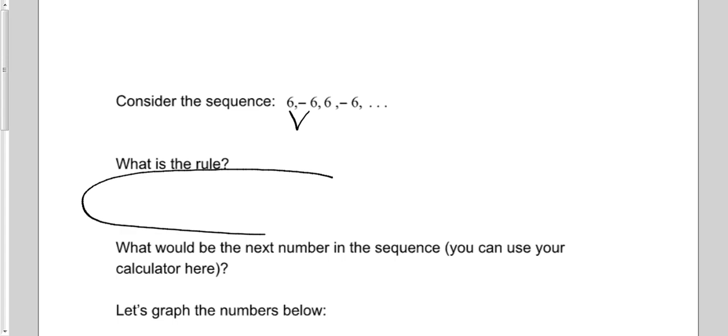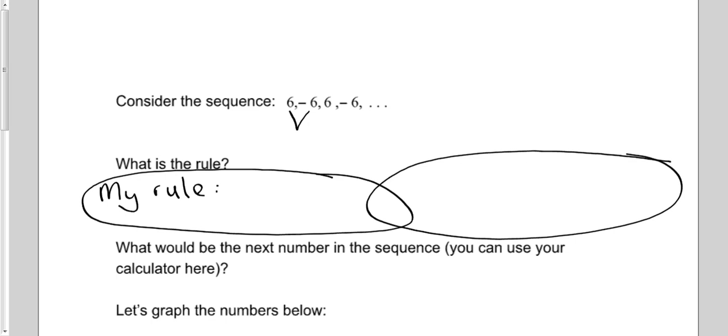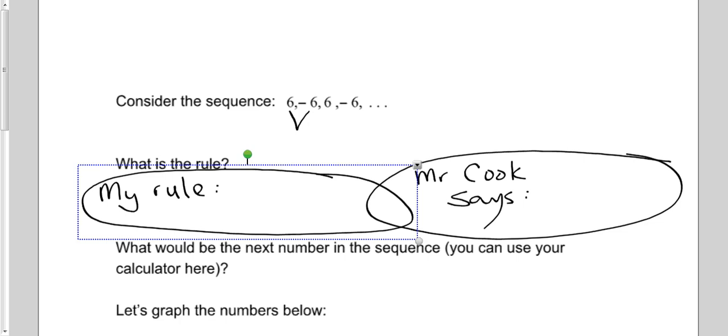On this half of the side, I want you to put your rule, and then over here, I want you to put what Mr. Cook says. I want both of these spots filled in, okay? If both these spots aren't filled in, you get no credit.